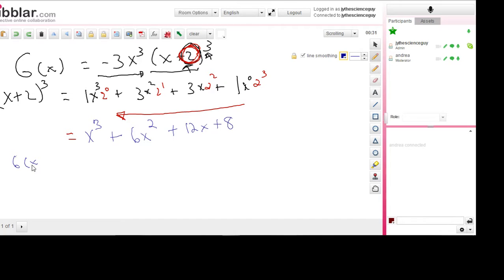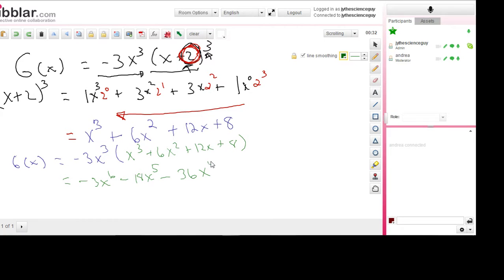Negative 3x to the 6th power minus 18x to the 5th power minus 36x to the 4th power.